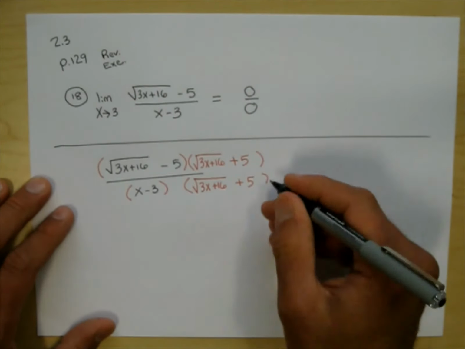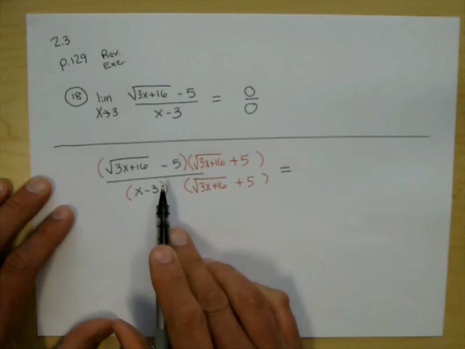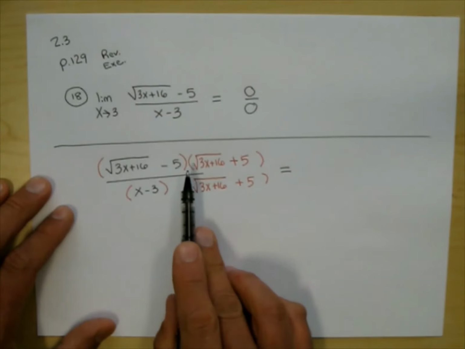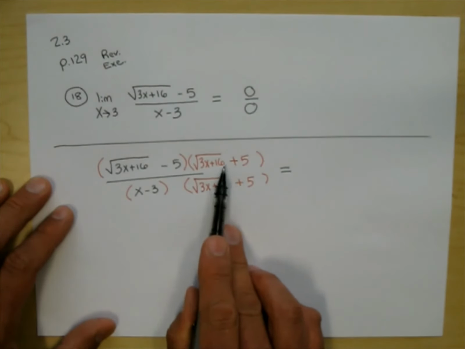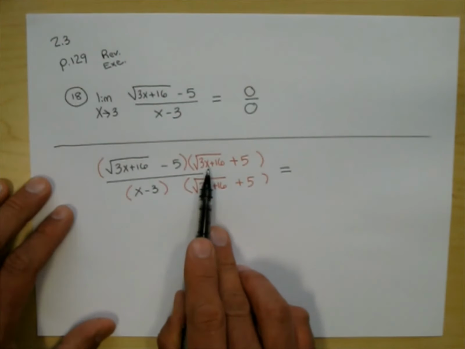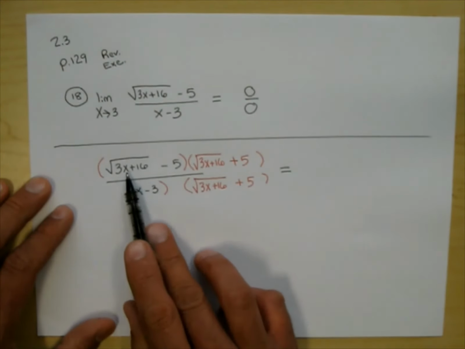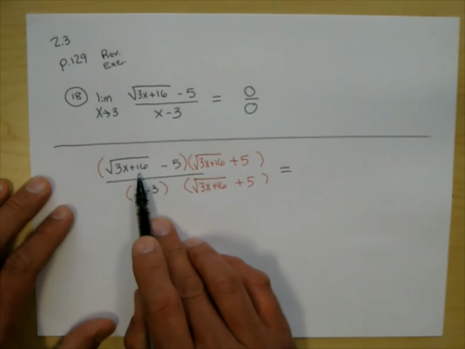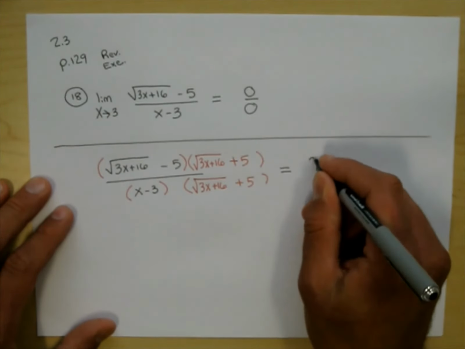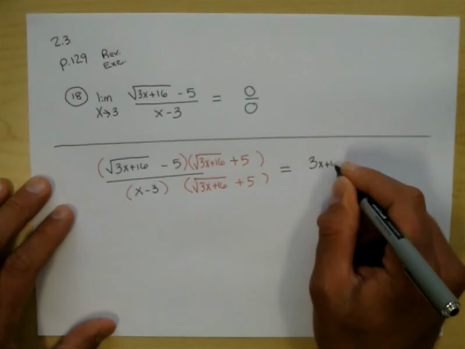So what does this do? Well, the reason you multiply it by the conjugate is this is a FOIL. And the outside and the inside, you can write them out if you want, but they are going to go away. They're going to cancel. So really, you just have to do an FL on this one. Your first would be you multiply root 3x plus 16 times root 3x plus 16, which is just going to be a 3x plus 16.